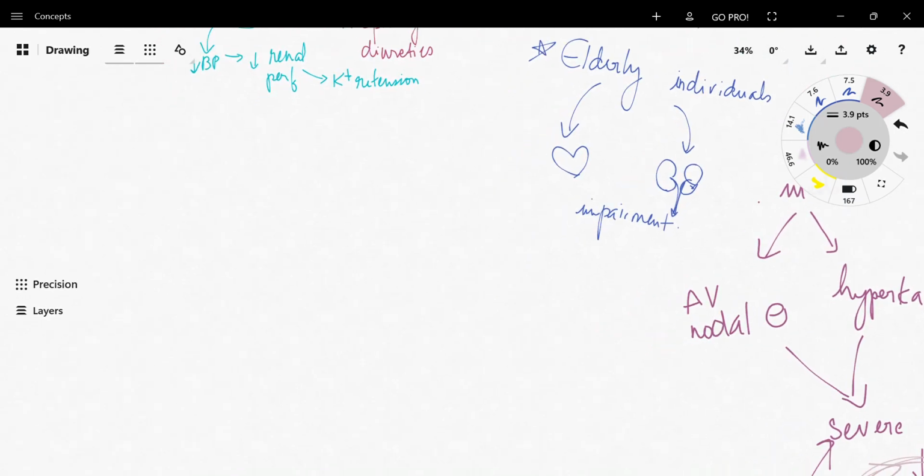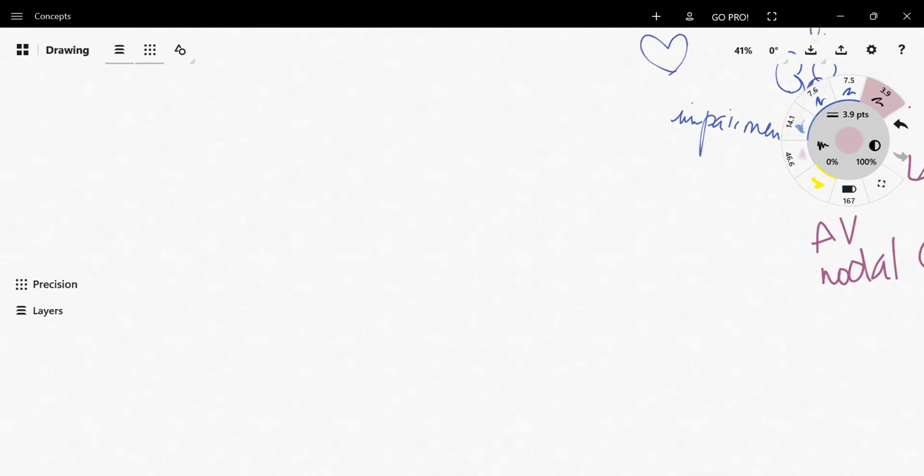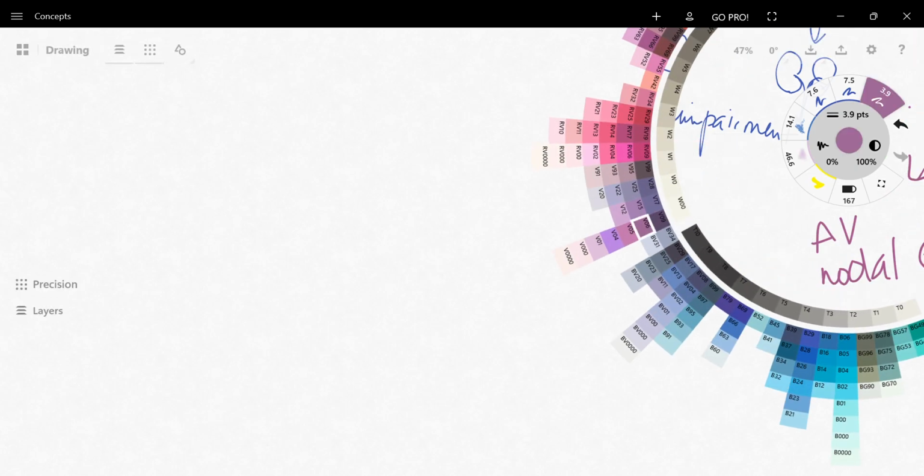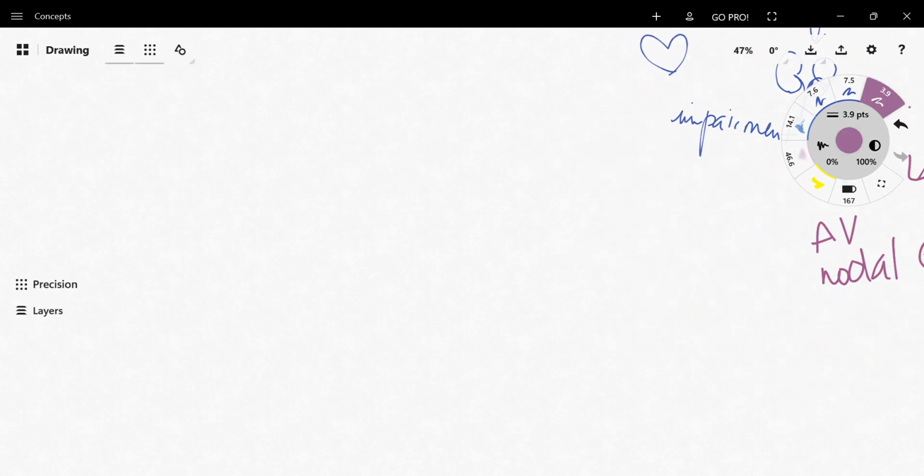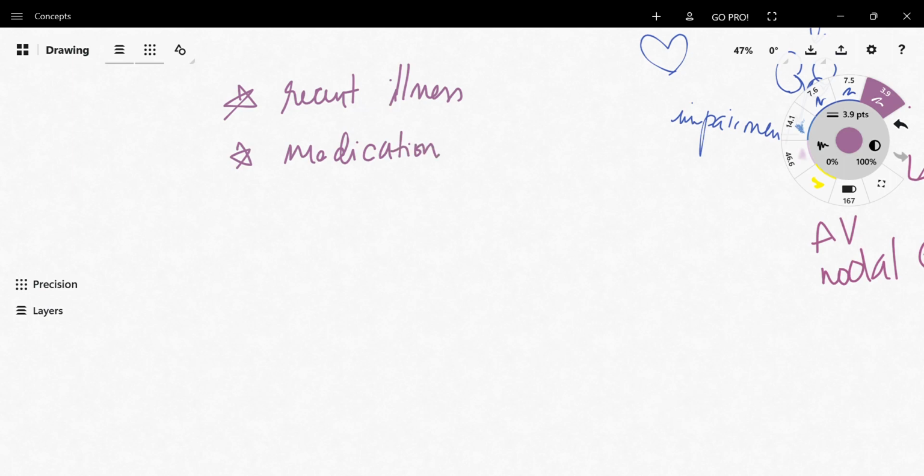Now, what would be a trigger for somebody to develop BRASH syndrome? The first one would be a recent illness. The second would be medication changes. Like if they were hypertensive, they went to the doctor's office, they went up on the BP medications, that can be a trigger as well.